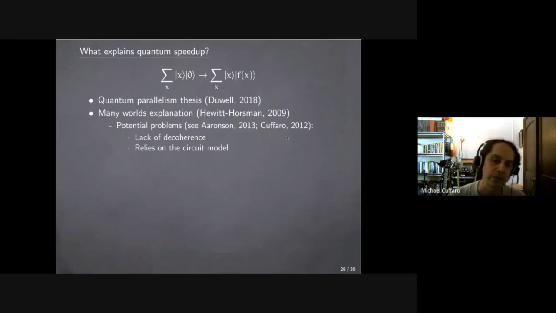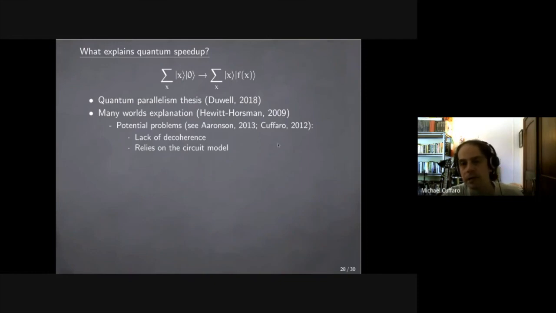Another potential criticism is that the many worlds explanation, and what I say here applies equally well to the quantum parallelism thesis. So Deutsch doesn't defend the many worlds, but he defends the quantum parallelism thesis. The first one applies to the many worlds in particular, but the second one would apply to both.